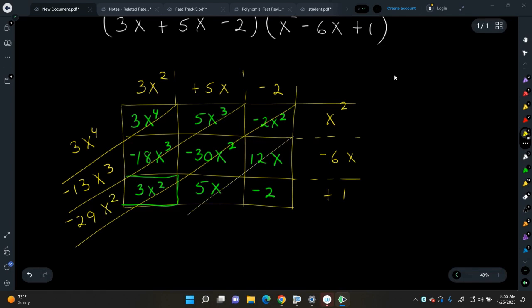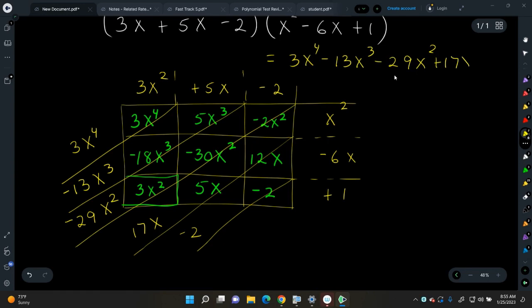And then we've got this diagonal, 12 and 5 gives me 17x, and then we have negative 2. So this equals 3x to the 4th minus 13x to the 3rd minus 29x squared plus 17x minus 2. Okay, one more example.